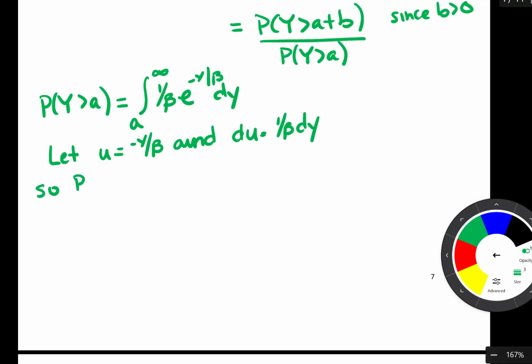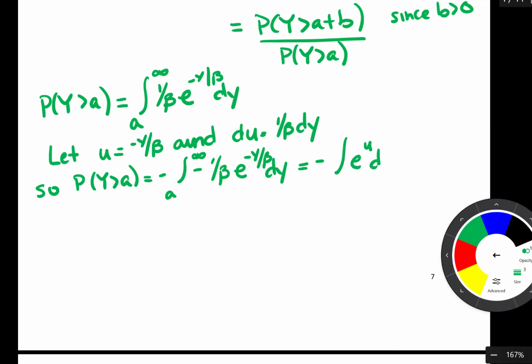So we have that the probability that y is greater than a is equal to the integral from negative a over beta to negative infinity of negative e to the u du, which is equal to negative e to the u.